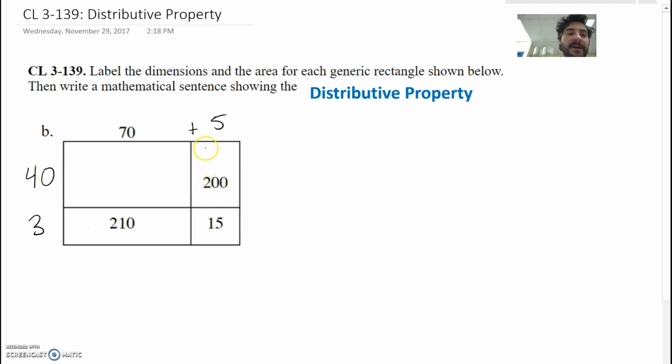And from there, I know that 4 times 7 is 28. So 40 times 7 would be 280. And 40 times 70 would be 2,800. Pretty cool. So I've got the dimensions here. This is a 43 by 75, and I've got the areas here, each individual area here.